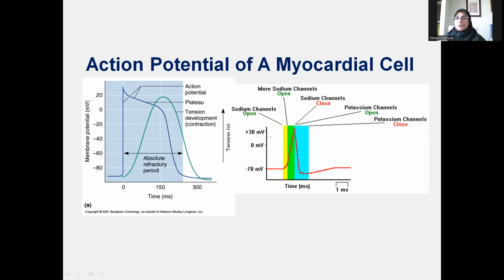I might also ask you an easier question, which we should have mentioned first, which is the difference between the refractory period in a cardiac muscle and in another ordinary skeletal muscle. Of course, the absolute refractory period in cardiac muscles is much longer than in skeletal muscles.